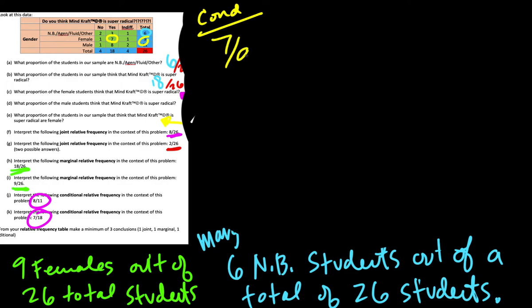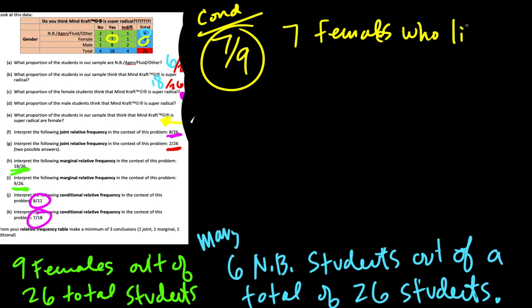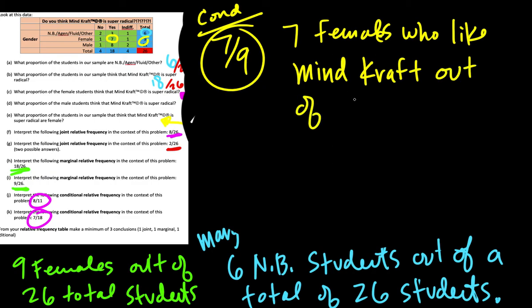So it's 7/9, which means that there are 7 females who like Minecraft out of 9 total females. Or I could have just said 7 out of 9 females liked Minecraft. I probably should have said it that way.